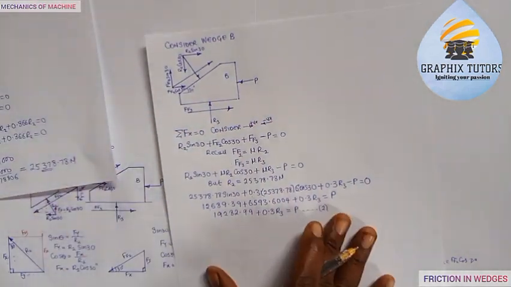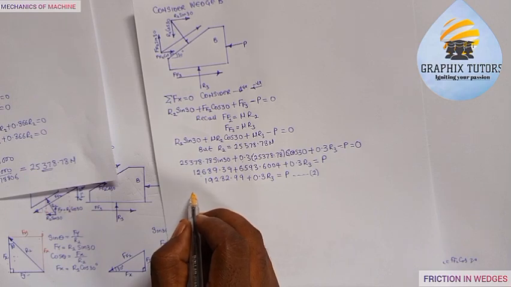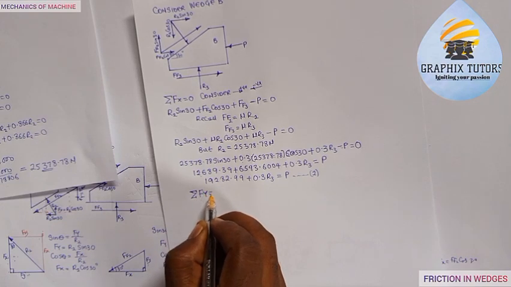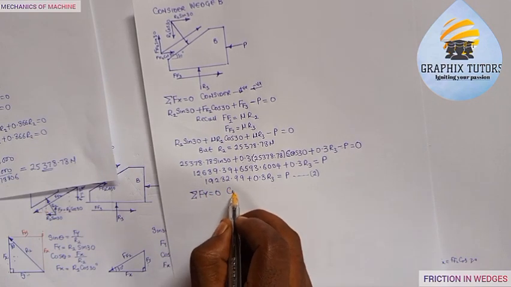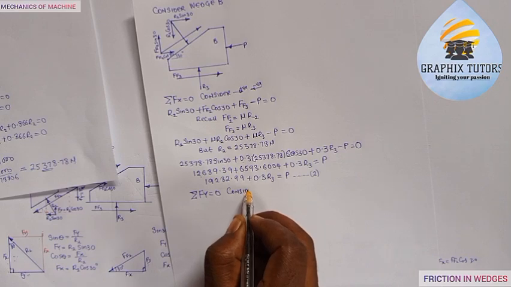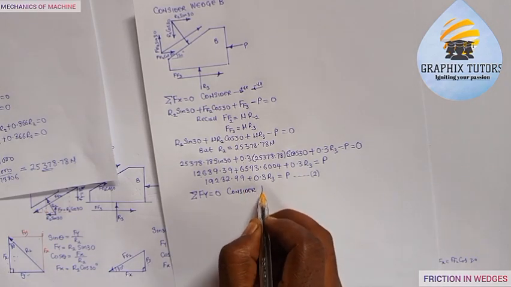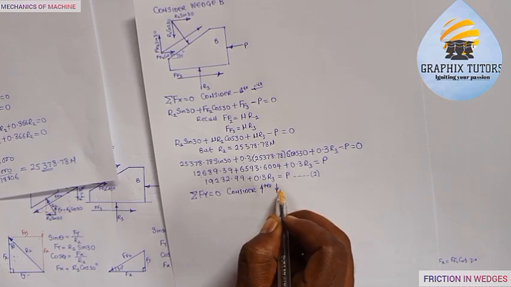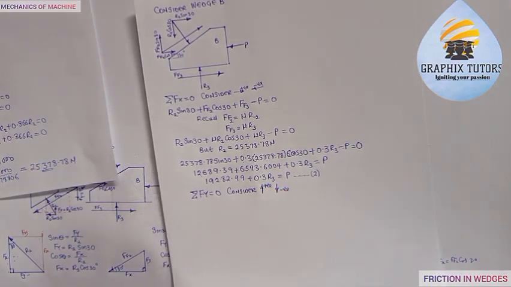of F of y equals to 0. So we'll consider any force going upward to be positive and any force coming downward to be negative. So let's see.